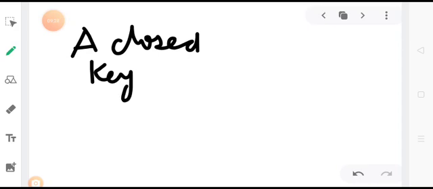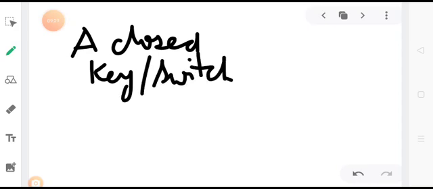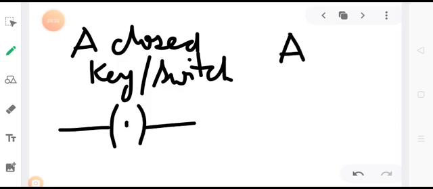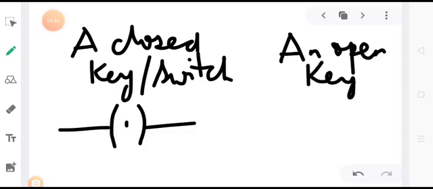A closed key or switch. An open key or switch.